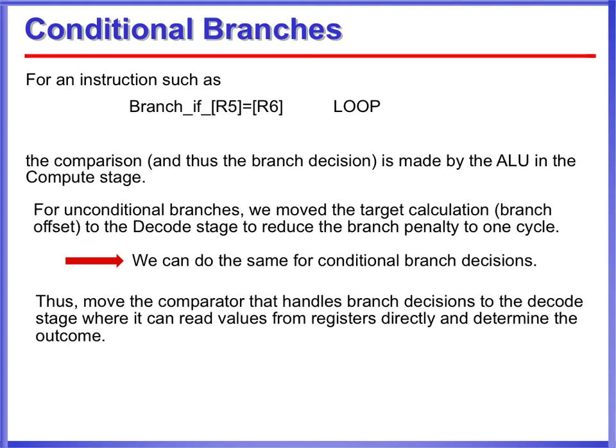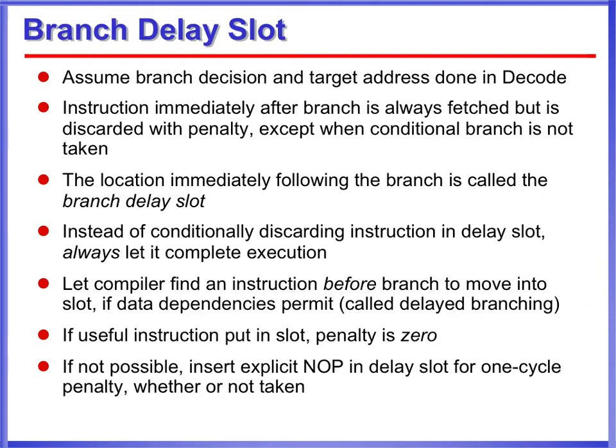Again, we have to add hardware, and we add it sooner in the process so we can make these branch decisions sooner, and so we don't have such a big branch penalty. But you still have this 1 cycle delay. That means we've got what we call a branch delay slot.